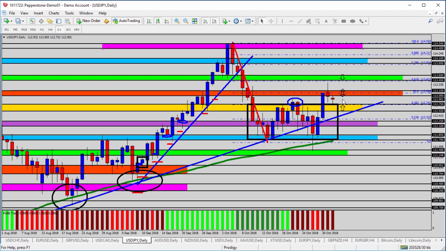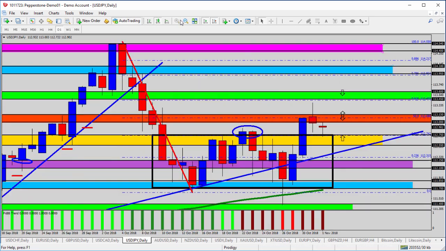Holding support here, we may see a break of the orange zone and head to the green zone, or maybe even the blue zone way up at the top of the chart, where the 786 and 886 fibs are closer to that blue zone. Selling, again, is difficult to do on top of that yellow shaded area. Not only that, just a little way back, right here in the middle of the chart, the blue circle shows resistance. So we know resistance can help us identify support. It's just a difficult place to go short on top of that yellow shaded area.